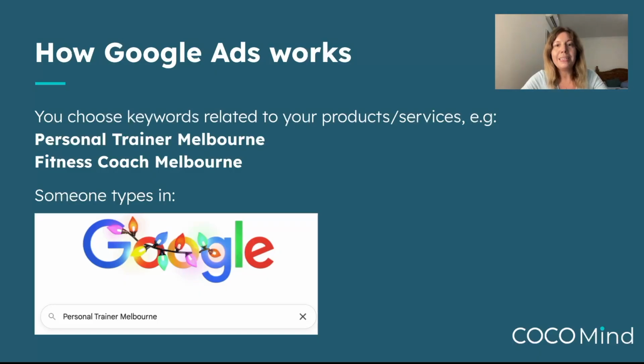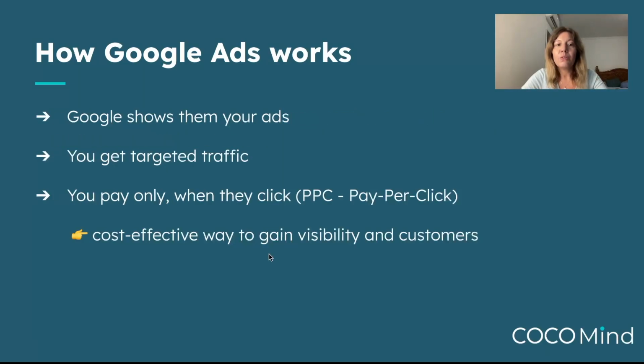You include these keywords in your campaign. On the other side, someone types in personal trainer Melbourne. What happens then? Google shows them your ads, because you bid on the keywords the user was typing into the Google search. You get targeted traffic because the user's search intention is matching your keywords.